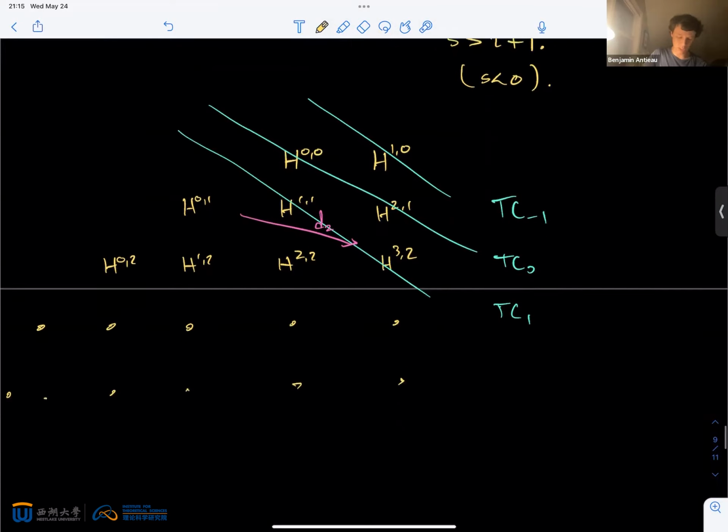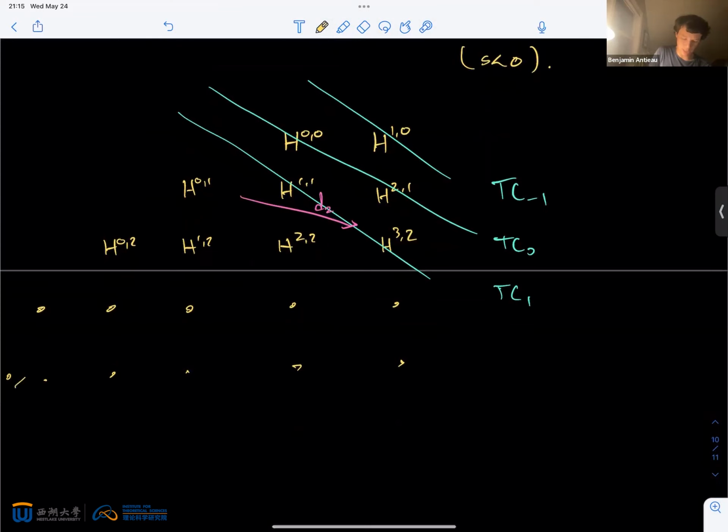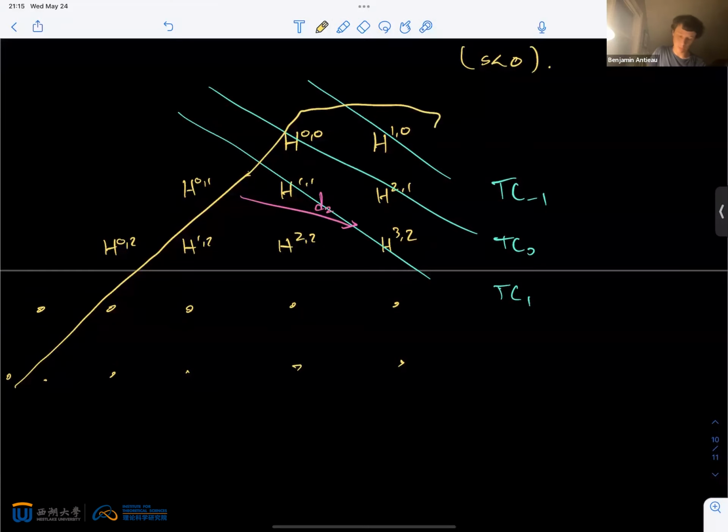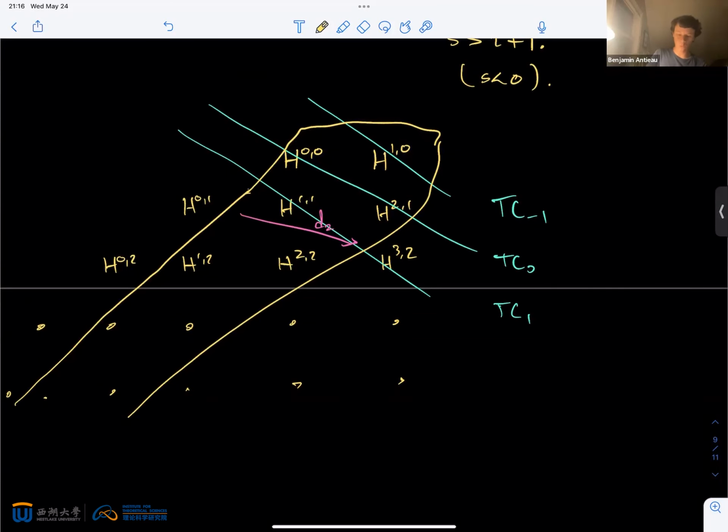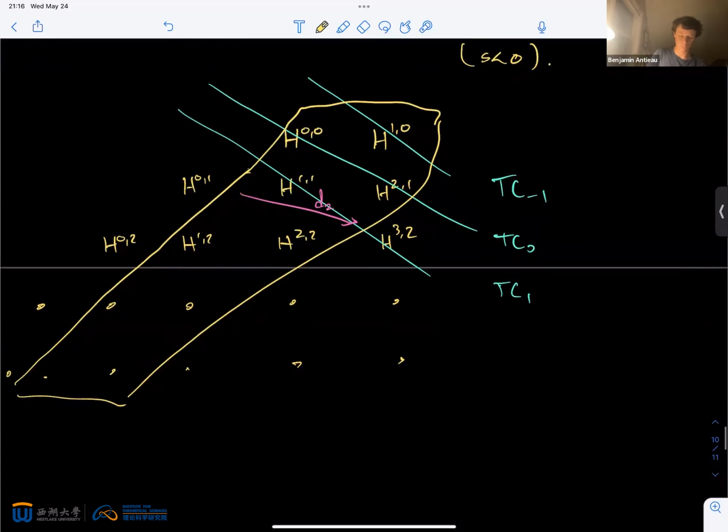One of the points of our calculation is to leverage the fact that you can prove that for Z mod P to the N, everything outside of this region is 0. Well, okay, sorry, it's not like it stops here. Everything outside of this is 0 for Z mod P to the N.